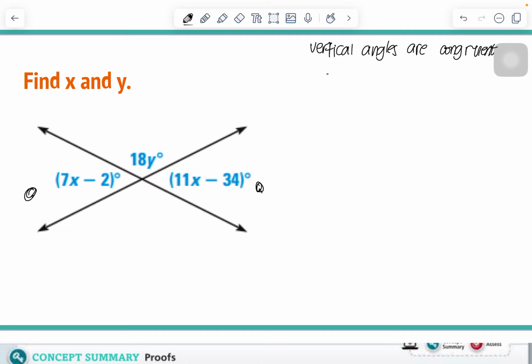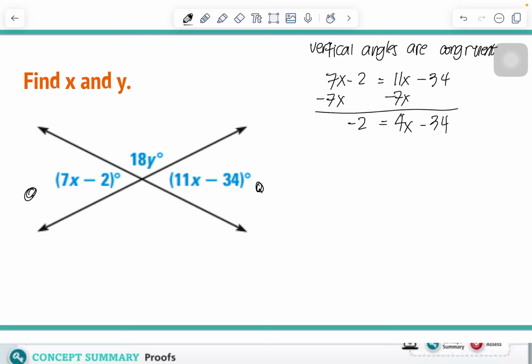So you have there 7x minus 2 is equal to 11x minus 34. And then we will be subtracting both sides by 7x. 7x minus 7x is 0, so bring down negative 2. 11x minus 7x will give you 4x minus 34.